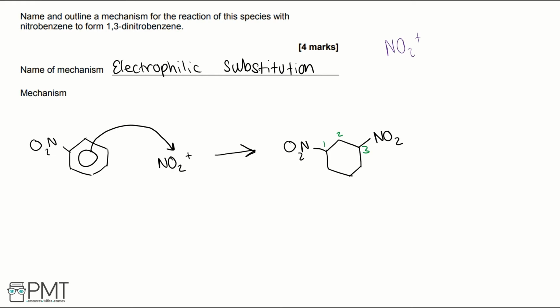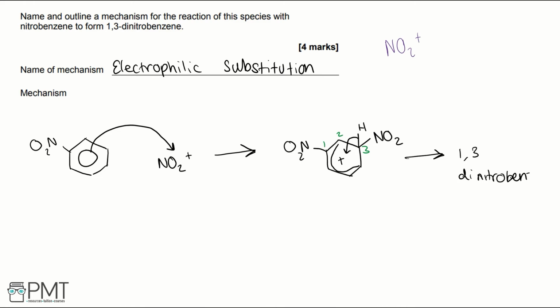And then because it's an intermediate, we're going to have a positive charge. So it's a charged intermediate here, making sure it's centered and doesn't go past carbon number 2 and 4. Then we're also going to have a hydrogen that's going to be delocalized back into the ring system so that it can reform and produce 1,3-dinitrobenzene.